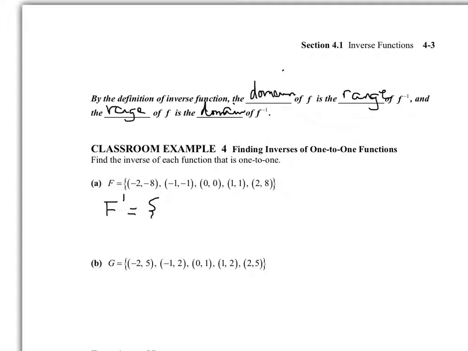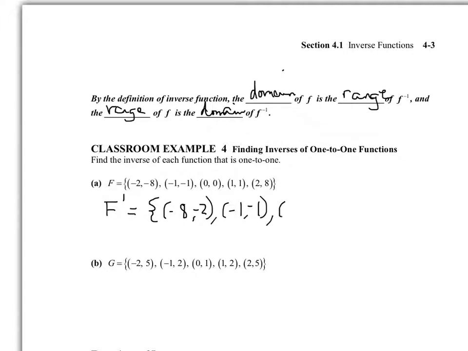So in order to write the inverse, and I will use the little prime symbol, it looks like an apostrophe, after f, all I have to do is switch the x and y values in each ordered pair. So I'm going to have -8, -2 in the first ordered pair. The second ordered pair becomes -1, -1. Now, that's just coincidence.